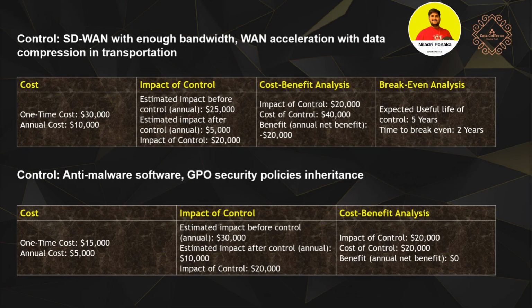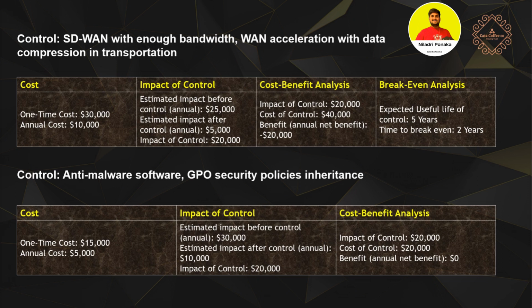I'm Neeladri. As we all know, effective risk management is critical in today's digital landscape to safeguard assets and ensure business continuity. Risk assessment methodology and findings: we followed the NIST SP 800-30 methodology for our risk assessment. We identified 15 critical assets valued at 2.5 million and assessed 20 potential threats and 25 vulnerabilities.